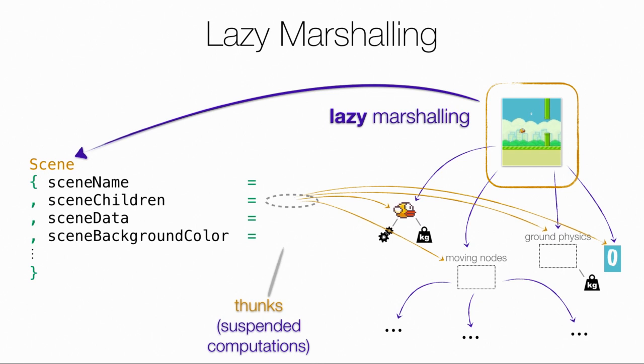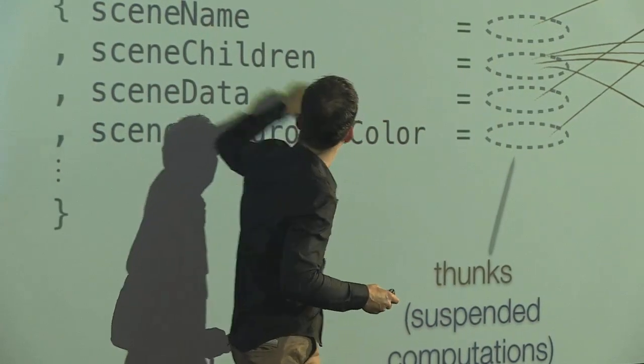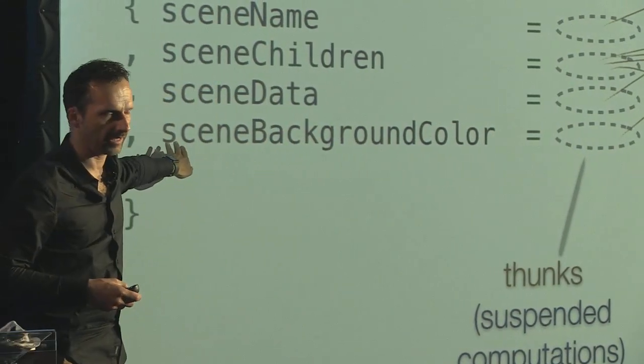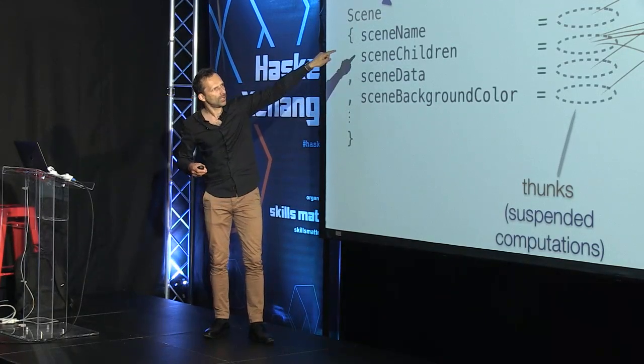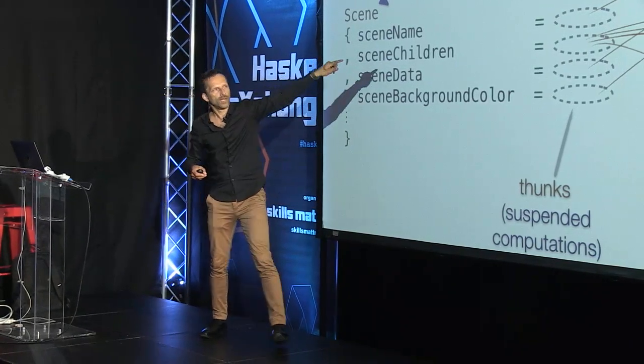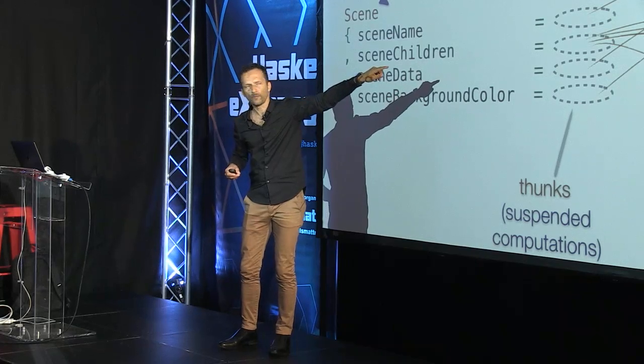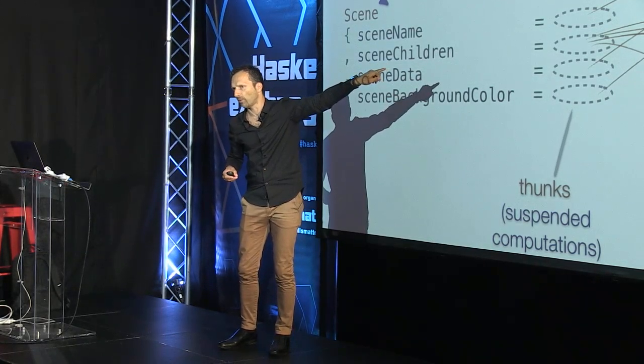And it has pointers to these nodes in case we want to also marshal them. And we do the same thing for all the other fields in that record. So we don't marshal the name. We only remember a particular piece of code which, when we run it, will marshal the name over from Objective-C.